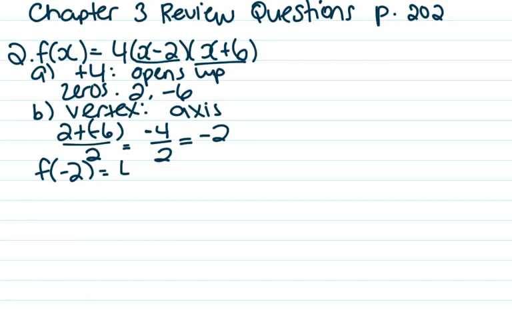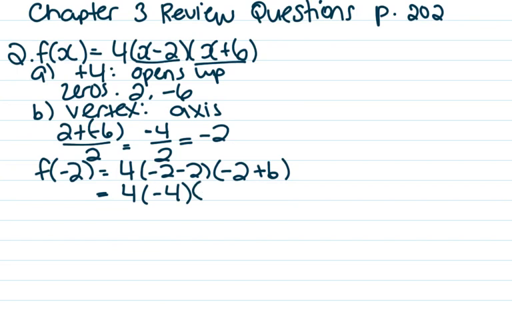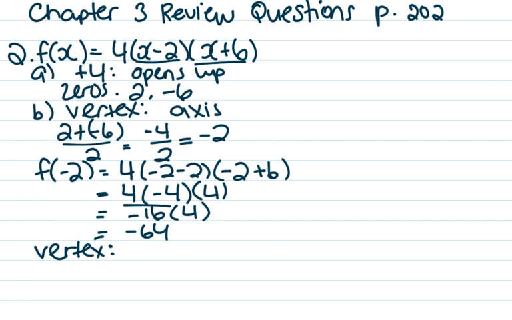So I have 4 times (negative 2 minus 2) times (negative 2 plus 6), which leaves me with 4 times negative 4 times positive 4, which is negative 16 times 4, which is negative 64. So therefore my vertex is negative 2 comma negative 64.